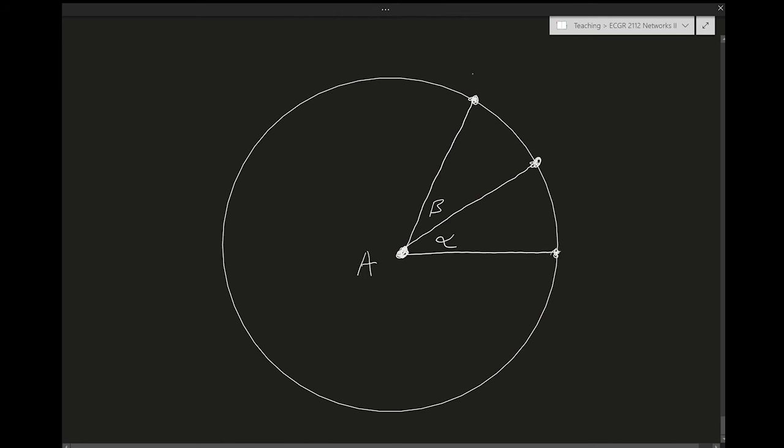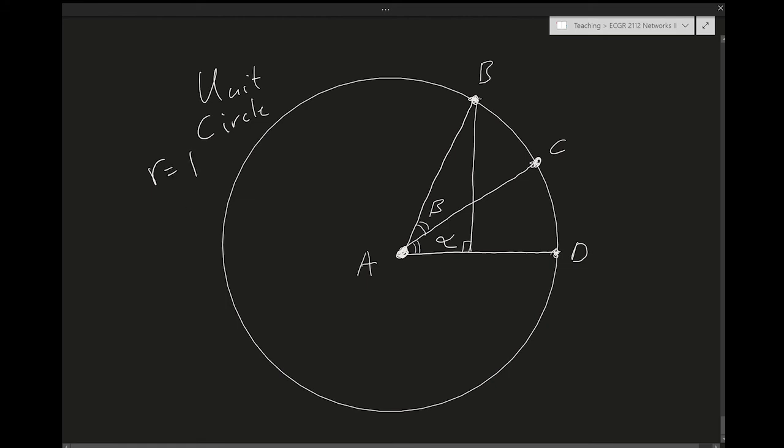This is point A, point B, point C, point D. Okay, I project a line from point B towards AD that hits it at a perpendicular angle. So if I do this, this is a 90-degree triangle, right? This is angle beta, this is angle alpha, right? So of course this is a unit circle. So the radius r is 1.